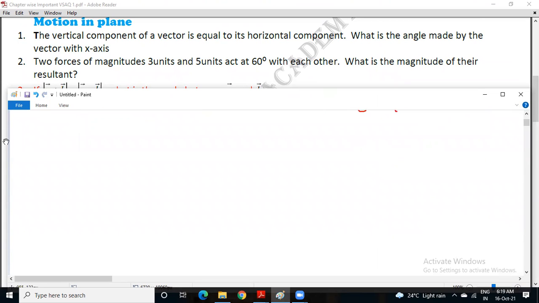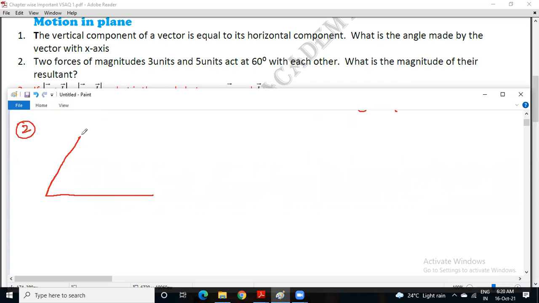First let me read the question. The forces of magnitude 3 units and 5 units act at 60 degrees with each other. What is the magnitude of their resultant? So let me draw the diagram. This question is based on the parallelogram law of vector addition. You will learn the answer of this particular question in the short answers list.